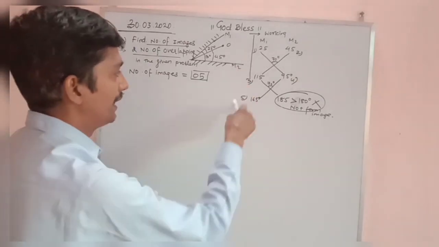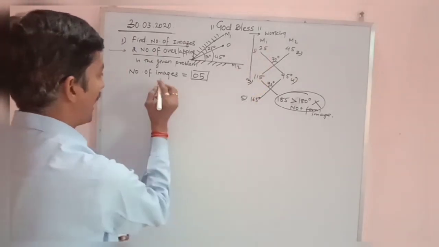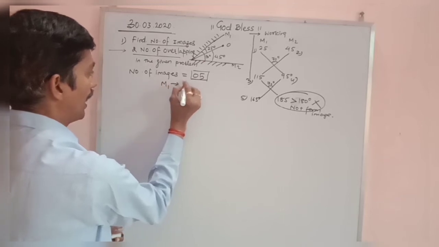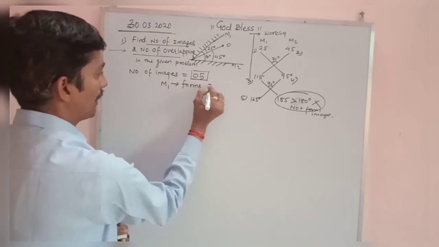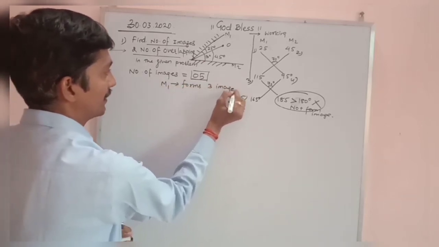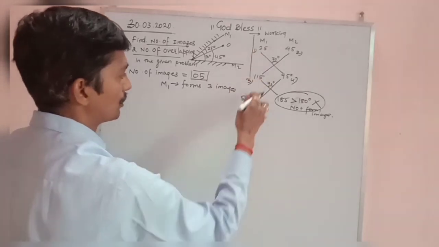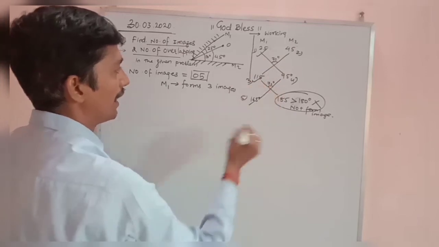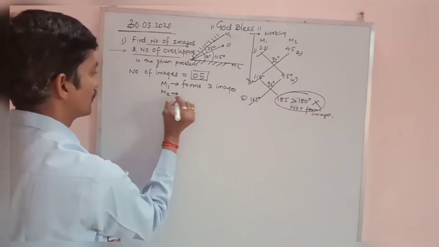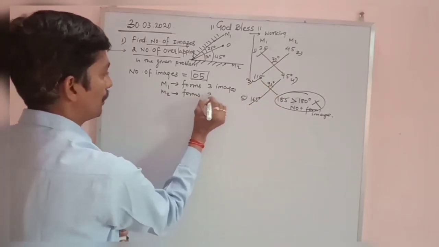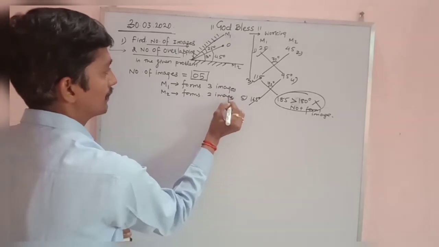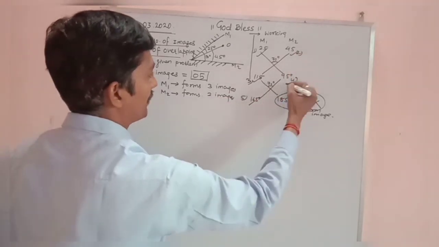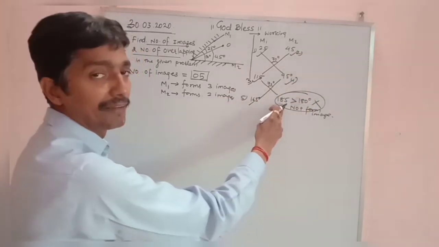You can also say M1 forms how many images? 3 images. You can see 1, 2, 3 on the M1 side, and M2 forms 2 images, that is for 1 and 2. The third image is exceeding 180 degree.